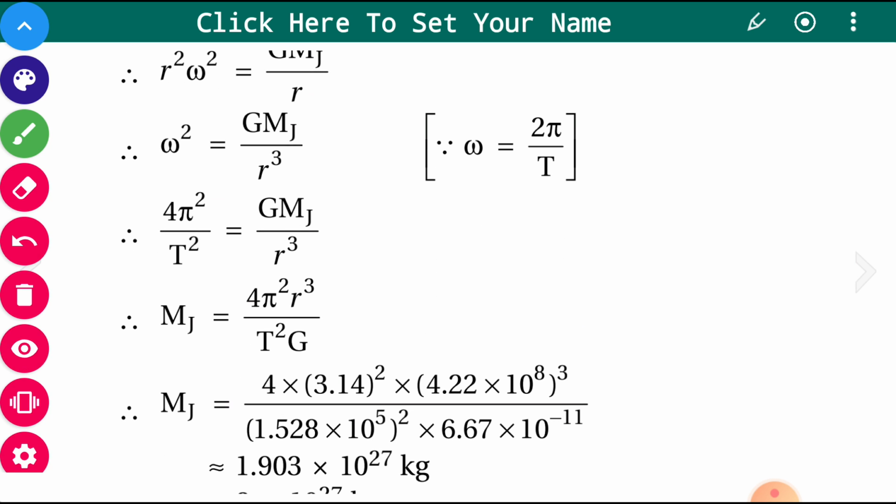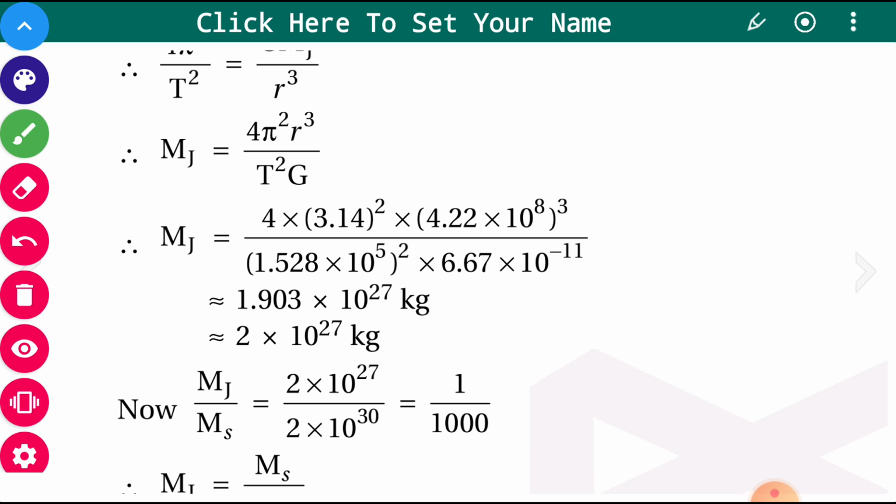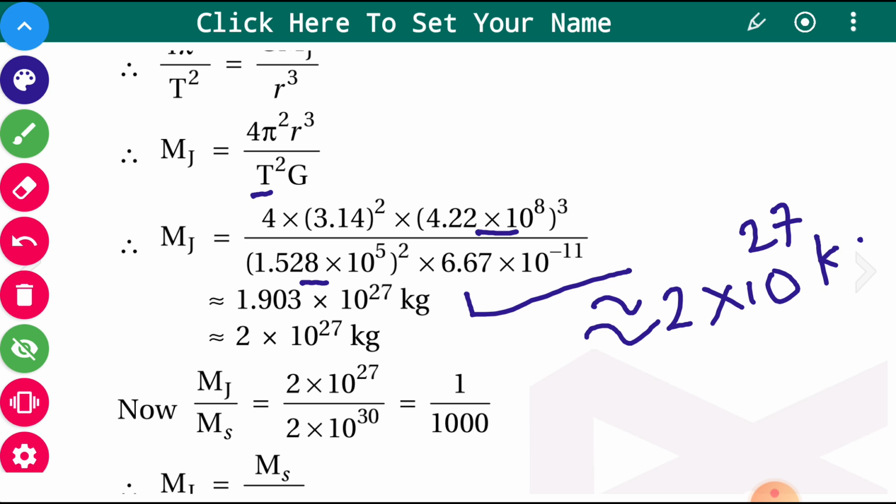So we can now make mj the subject of the formula, and we will get 4 pi square r cube upon T square into G. All the values we have already calculated. r is given to us, then T is already calculated, 1.528 into 10 raised to 5, squared, and simplify this, you will get roughly approximately 2 into 10 raised to 27 kg.